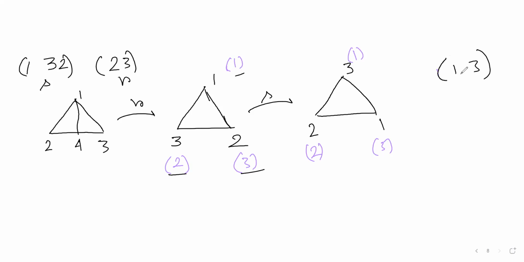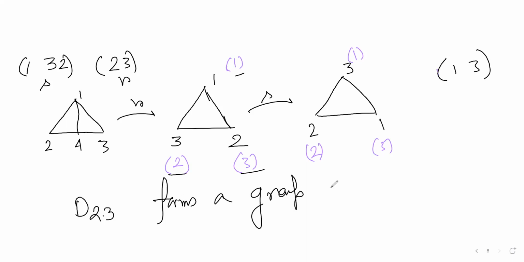So we see that D23 forms a group with respect to this composition operation defined by here, right? I already defined how to do this composition with respect to the above defined composition operation.